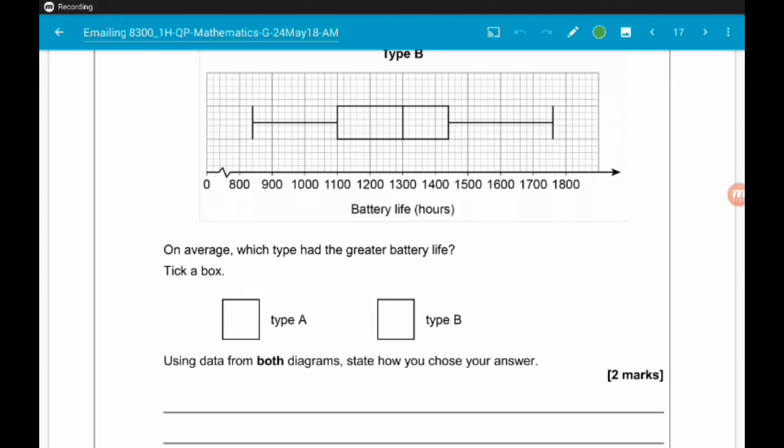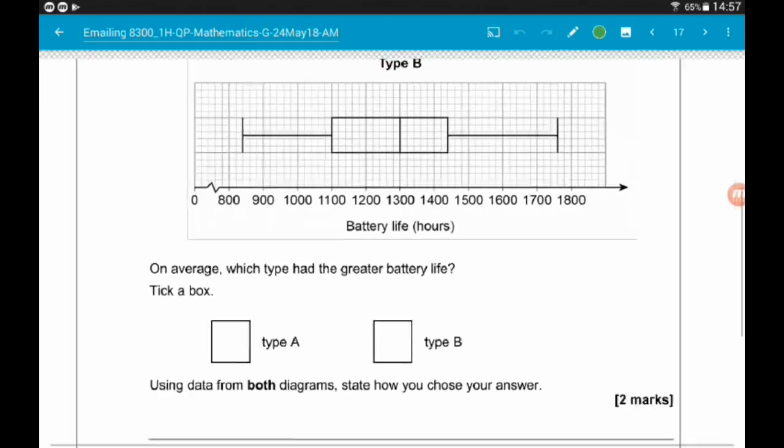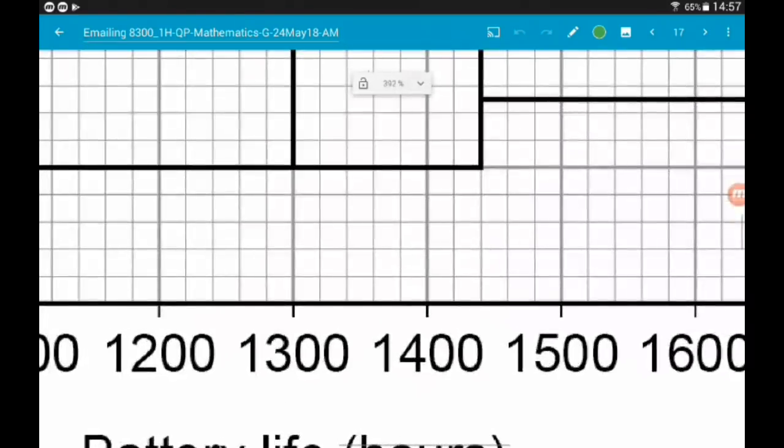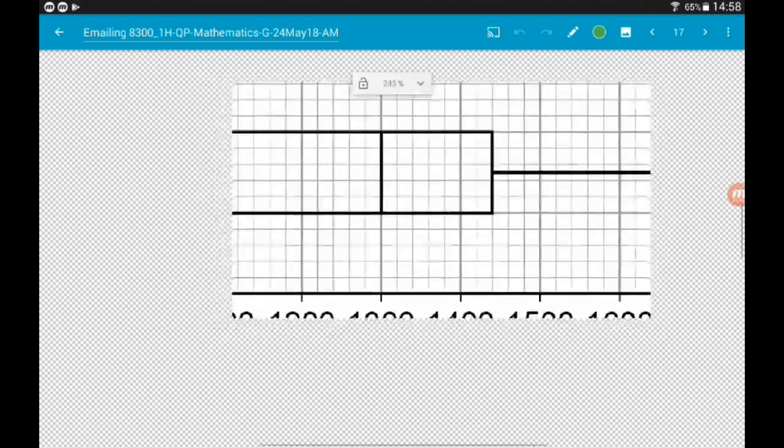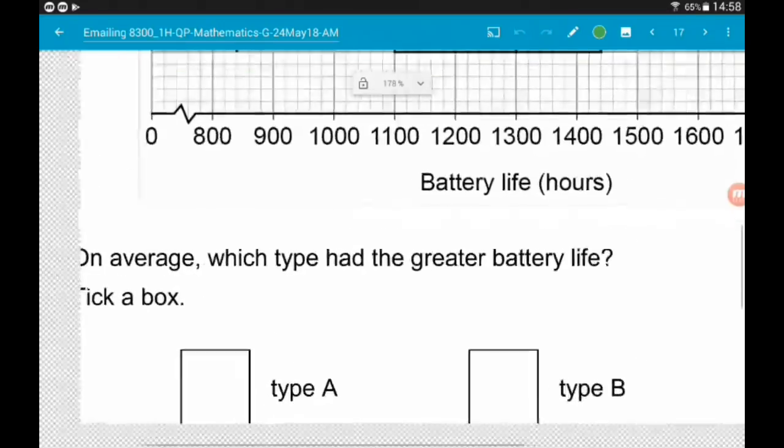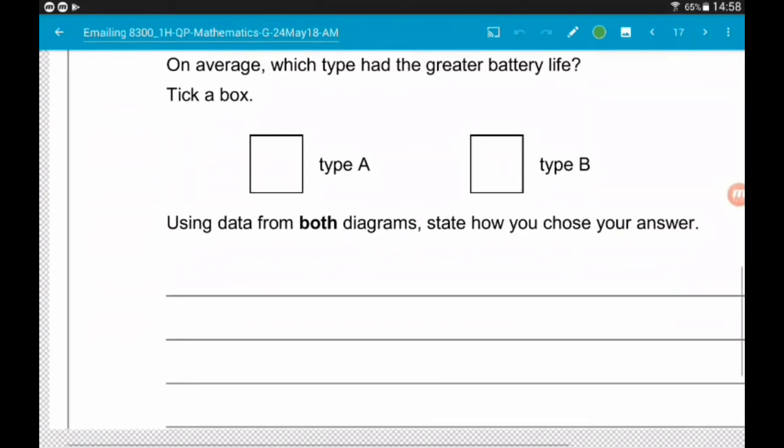So really for this then, the data we want to compare would be the median for each type of battery. The median is the middle value, so let's see what we've got. So type B, the median on a box plot is given by the vertical line inside the box. So the median of type B is 1300.